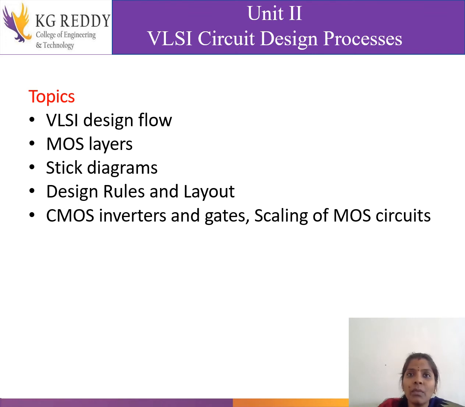Because if I am taking a 1 centimeter die, then every 18 months the count of the transistors needs to be increased. This is the information Moore's law gave about how we increase the count of the transistors on a printed circuit board.